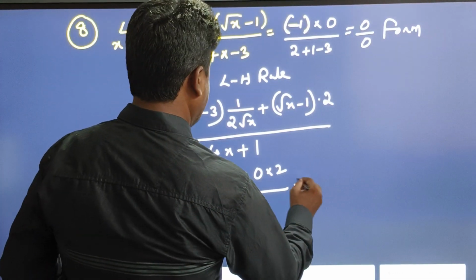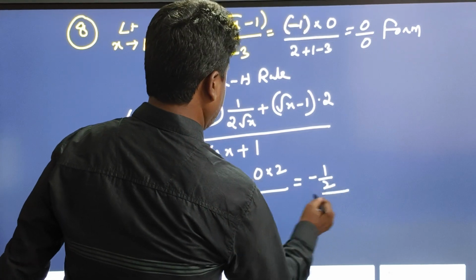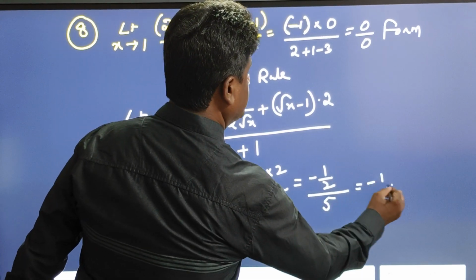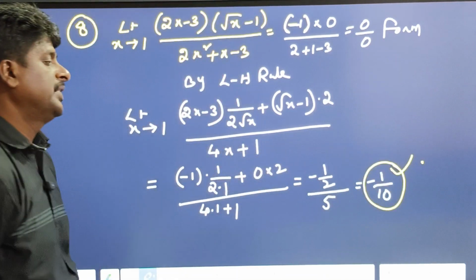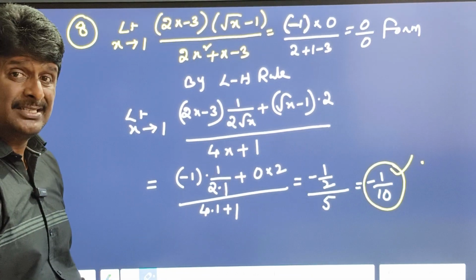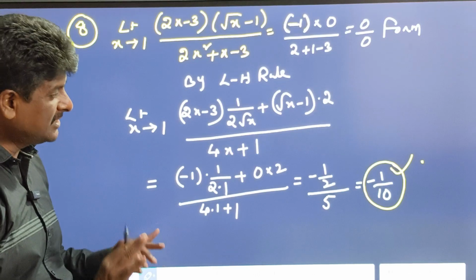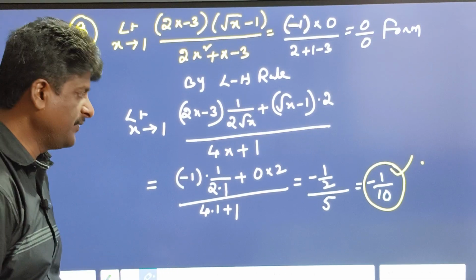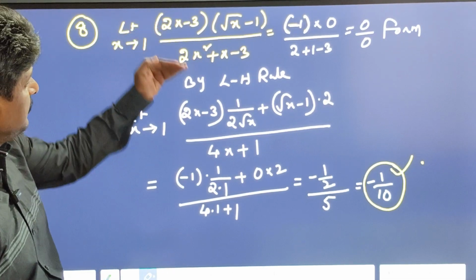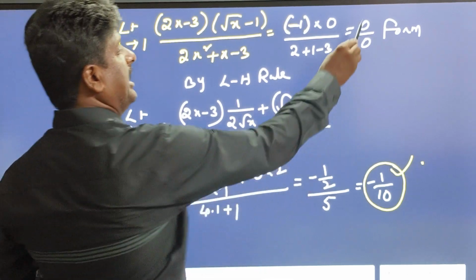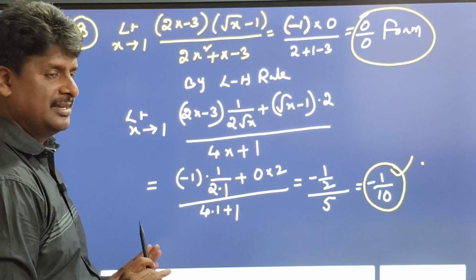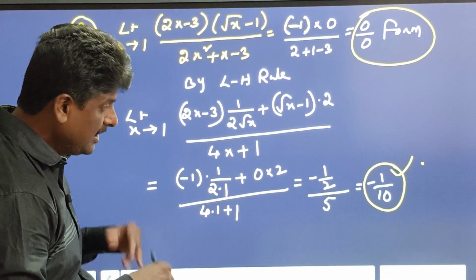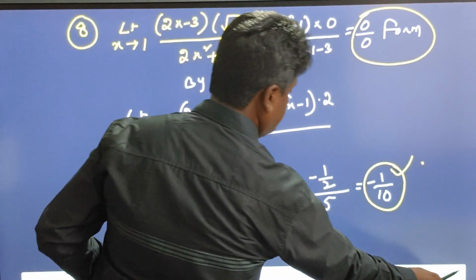This is minus 1 by 2 by 5, which equals minus 1 by 10. Okay, minus 1 by 10. It is a defined, determinate value. It can be our answer. So this is the way to solve whenever we get 0 by 0 form. Okay, I think you got clarity. Let's move on to the next question.